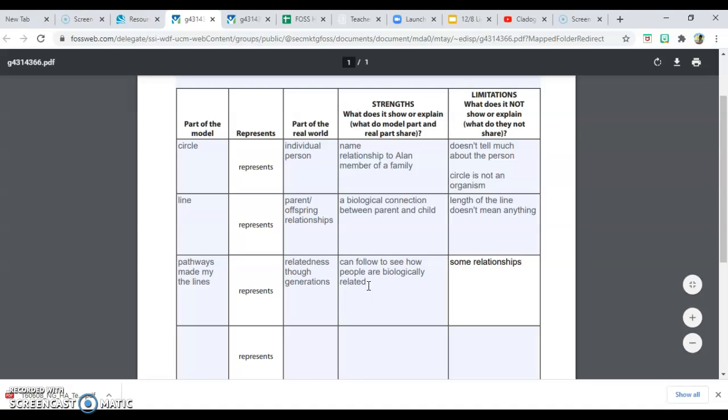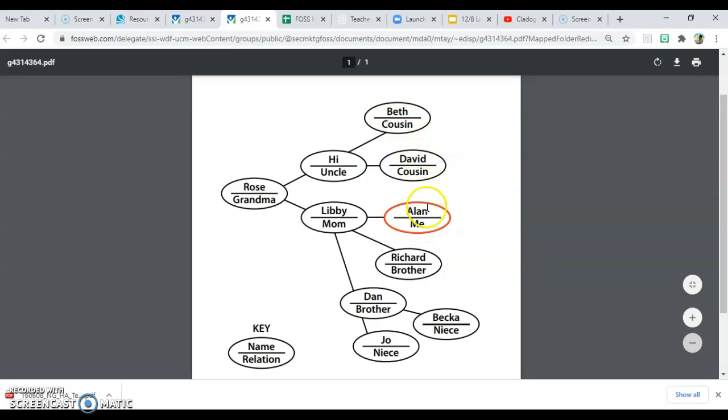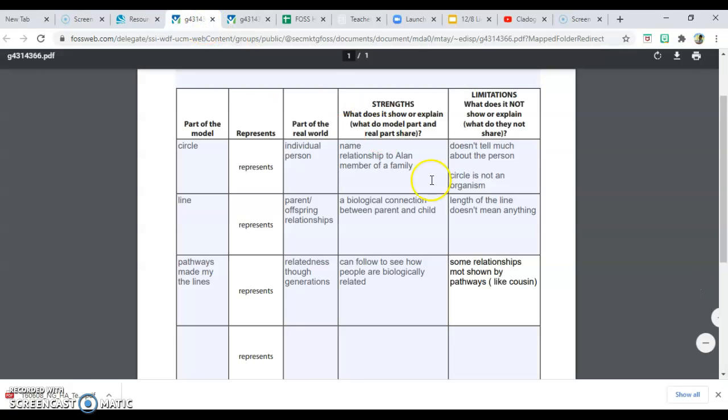If you look at the cousins, they don't have any pathways. We don't know anything about the cousins. So that is a downside.